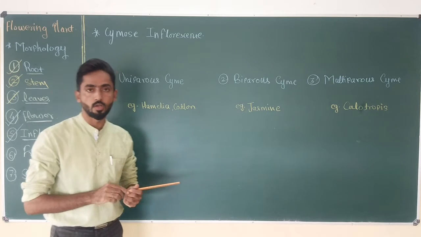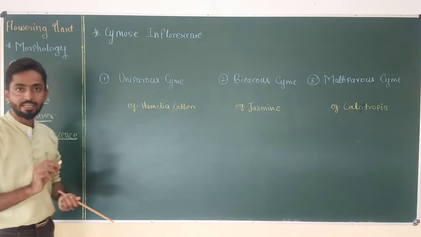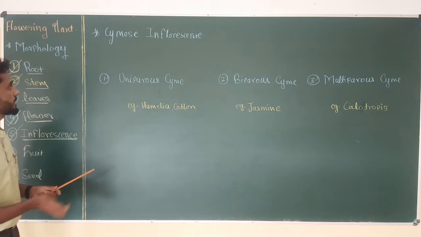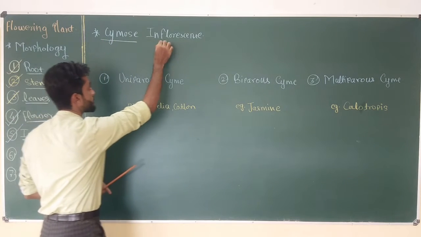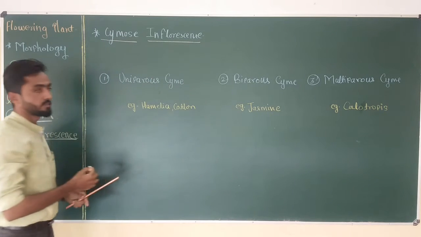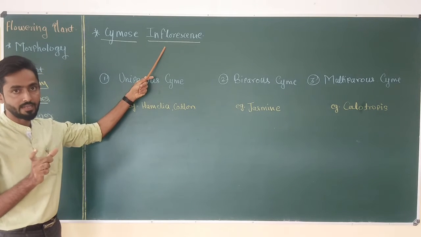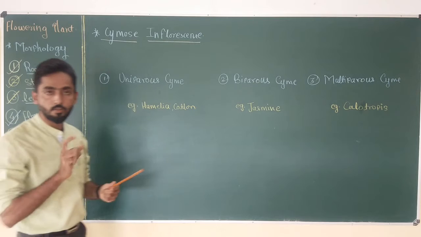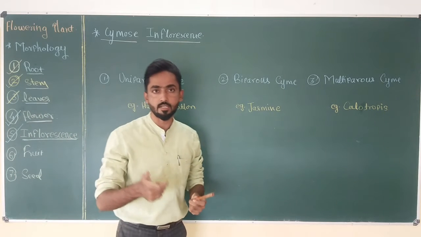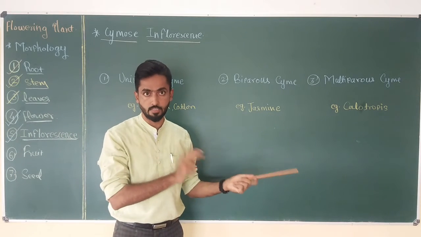Now in this video I'm going to talk about the next type of inflorescence, that is cymose inflorescence. This is the last video in which I'm going to talk about inflorescence, and cymose is the type in which the completely opposite condition is present as that of the racemose.